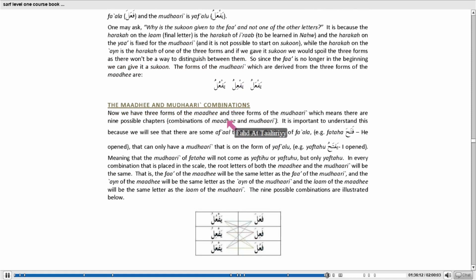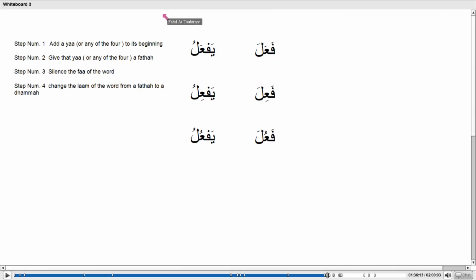Okay. Now, remember what I told you? I told you that a chapter is a combination of the ماضي with a مضارع. يعني, if you combine this with this, that makes a chapter.